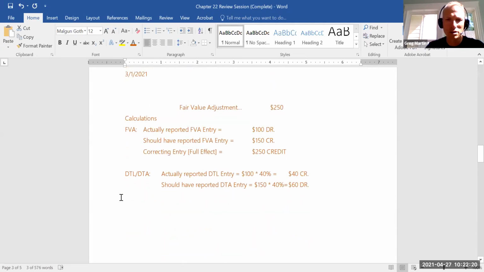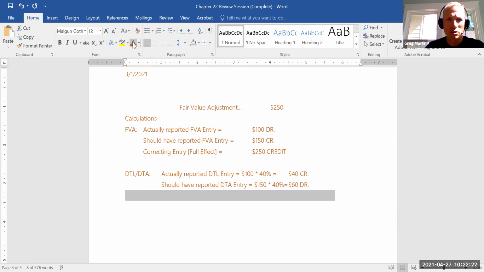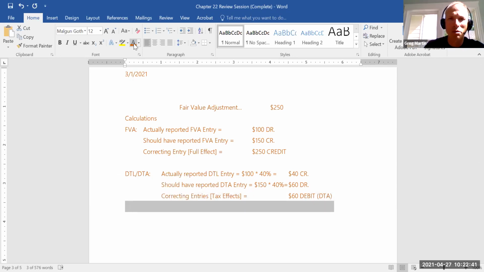So to correct this, what do we need to do? The correcting entries, this is the tax effect. So the DTL, DTA captures the tax effect. The fair value adjustment is the full effect. The DTL, DTA is the tax effect. With that, we need to debit our DTA for $60. At the same time, we need to debit the DTL for $40.